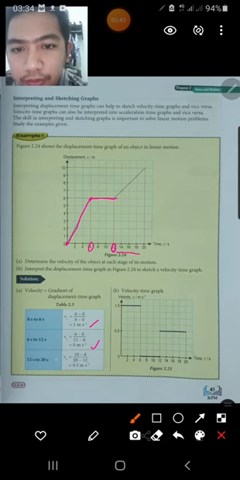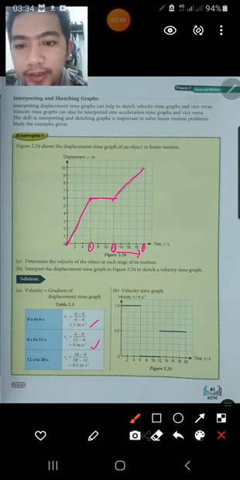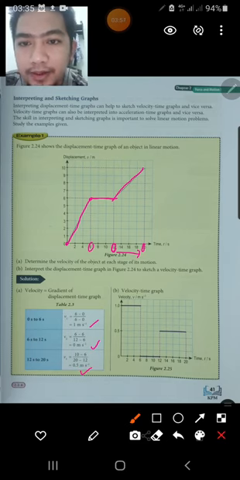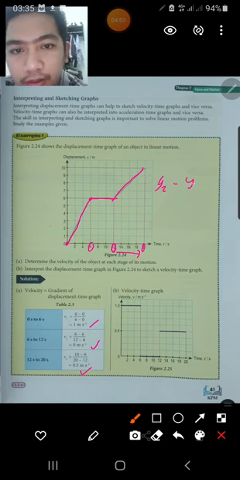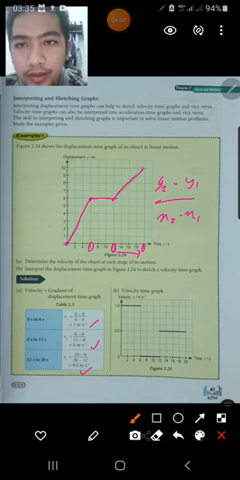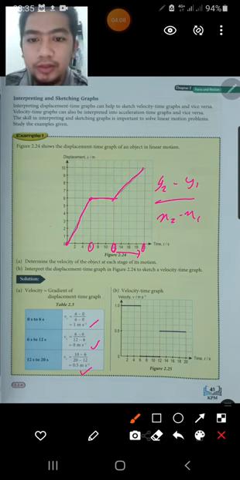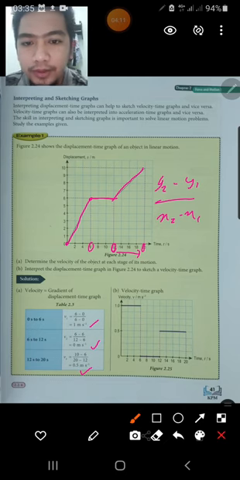This is the gradient, so we can calculate: 10 minus 6 over 20 minus 12. You will get 0.5 meter per second. Teacher will not show the detail, okay? You have to know how to find y2 minus y1 over x2 minus x1. You have to refer back to the previous video.